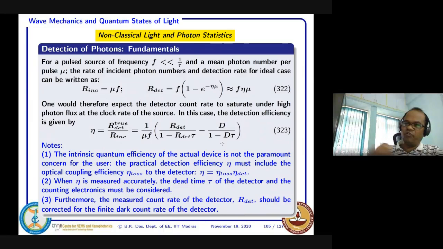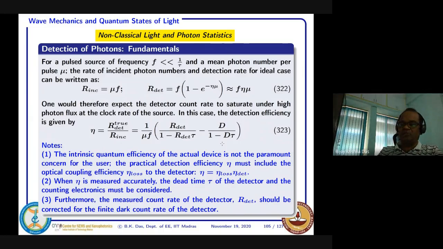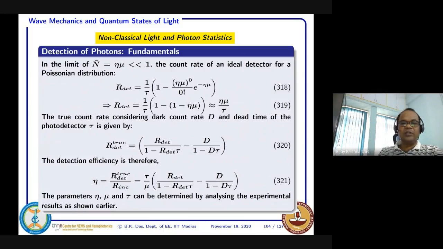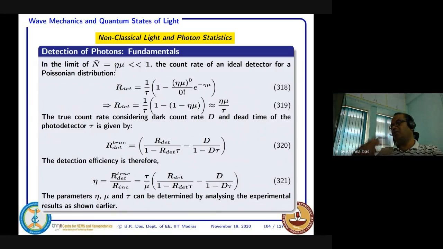That means how many photons are coming, and out of that many photons, how many photons are affecting the photodetector. Okay, that is what eta is. That is called intrinsic quantum efficiency. Whenever we write this expression, n bar equal to eta times mu, it is called intrinsic quantum efficiency. So that fraction of the photon number will be contributing to your count.